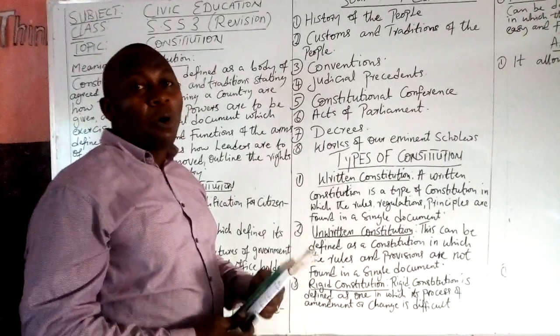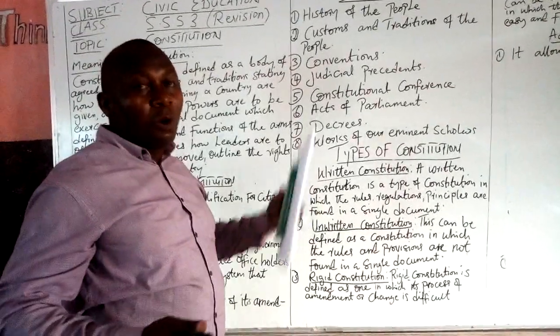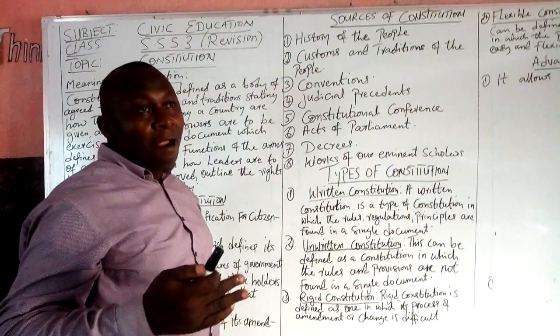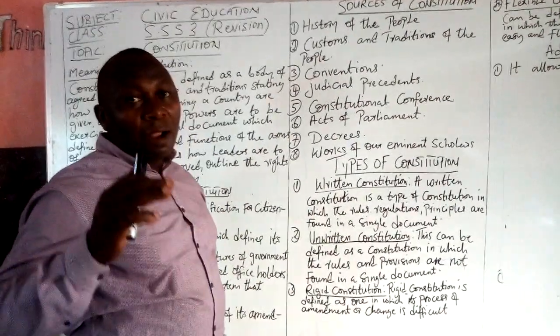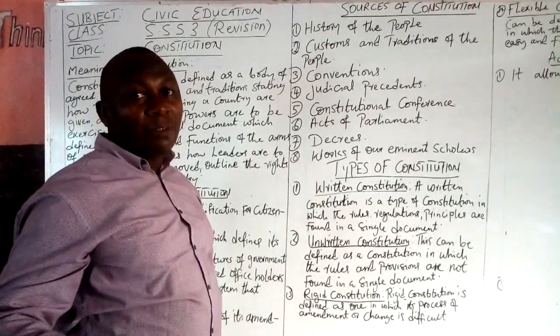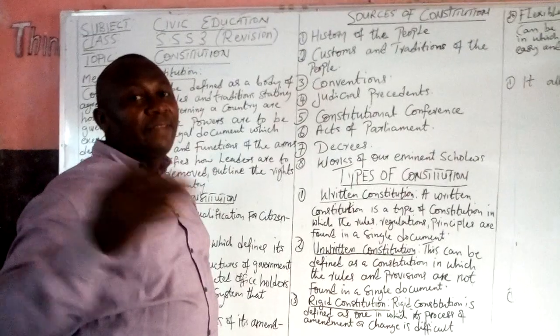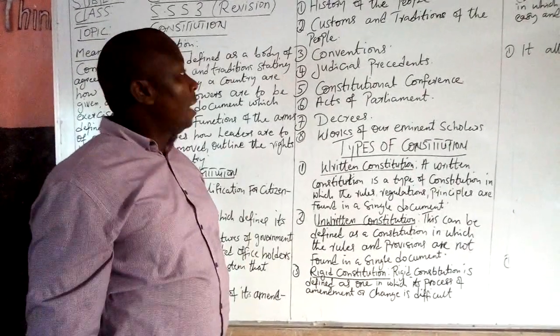When forming our constitution, it's very important we take into consideration these customs and traditions of the people. Nigeria is a heterogeneous country. We have about 3 major ethnic groups: Igbos, Hausas, and the Yorubas. So when forming our constitution, we should consider the culture and tradition of these 3 ethnic groups.